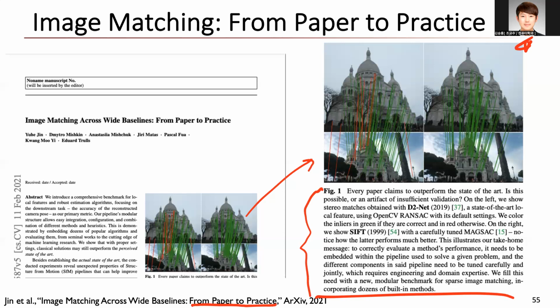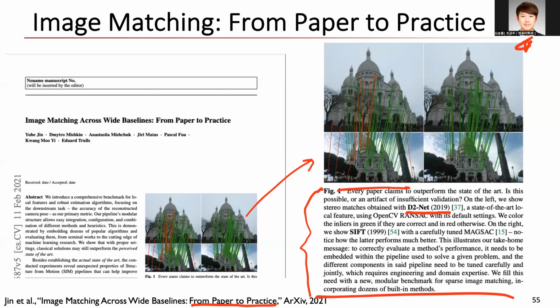On the left side, we show matching obtained by D2-Net in 2019, a state-of-the-art local feature, using OpenCV RANSAC, and we colored the inliers in green, with the nearly matched points, and red lines mean outliers.